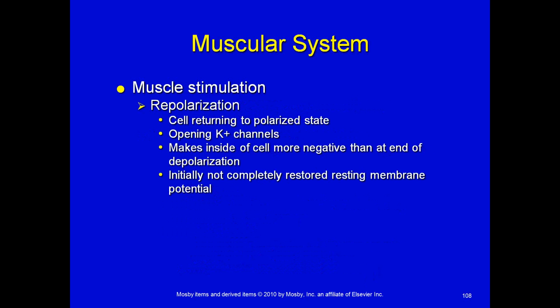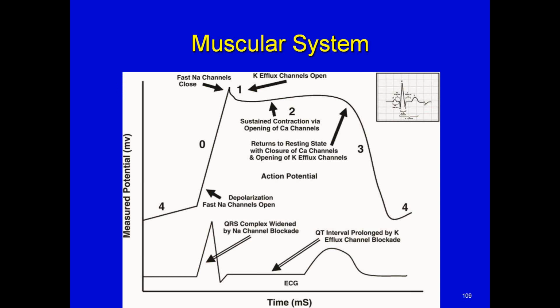Now, repolarization is when the cell returns back to its polarized state. And this occurs when the potassium channels open up. And it makes the inside of the cell more negative than the outside. And initially it doesn't completely restore the resting membrane potential, but it allows the cell to prepare itself for another depolarization.